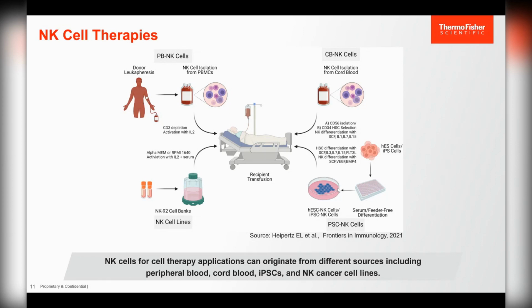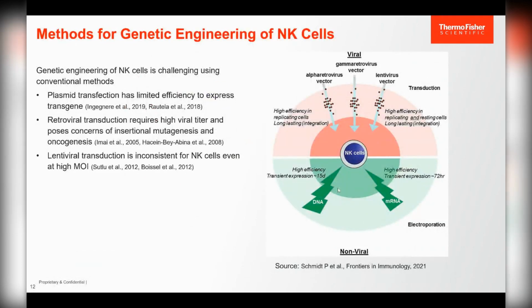To improve the immune cell function against cancer or other disease, we need to engineer the NK cell. And in the previous slide, we discussed that engineering of NK cells is challenging. So you can see here, scientists have tried different methods to edit the NK cell, for example, plasmid transfection, but it has limited efficiency to express the transgene.